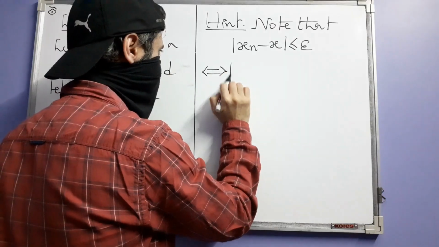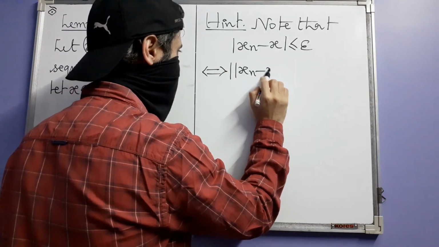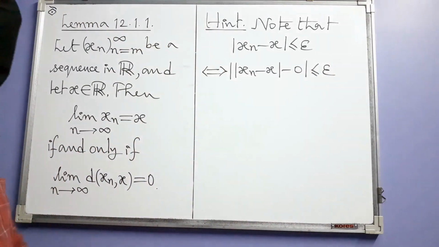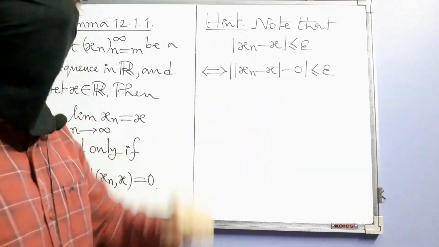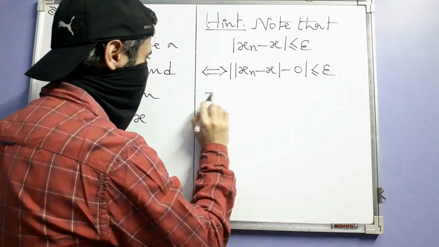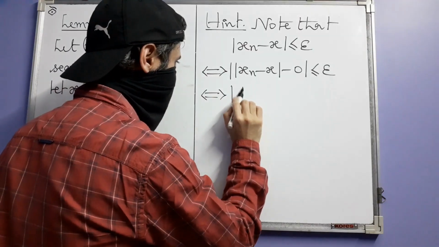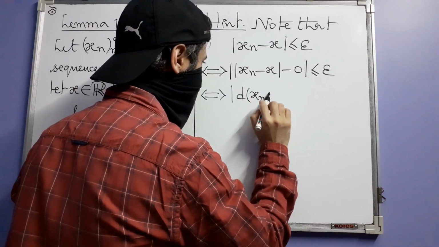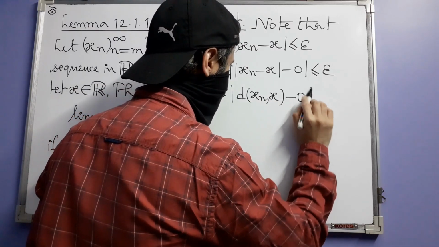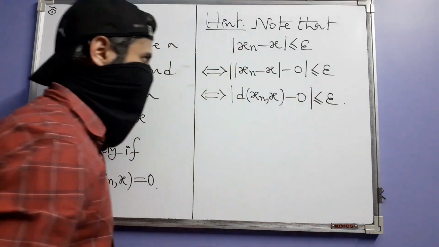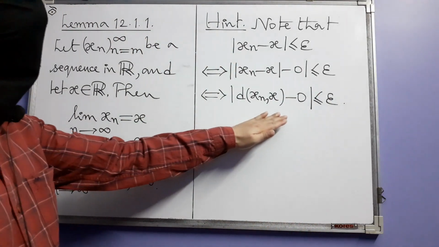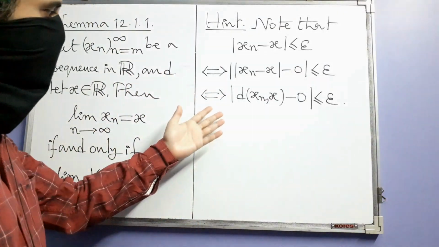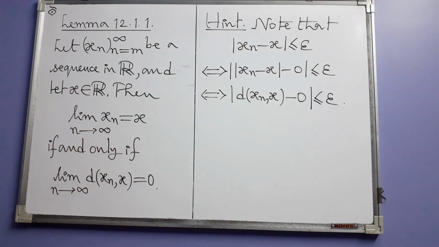If and only if this. It's easy to see that this is nothing but this ultimately. And this then is the distance between x_n and x. This much is enough to tell you, if you do not have any doubt about these things, that these two things are equivalent.